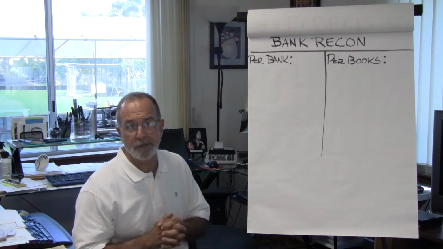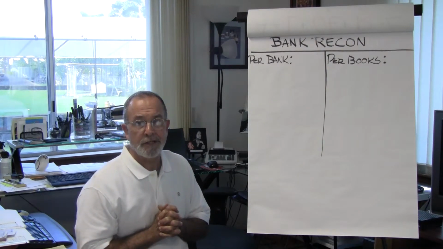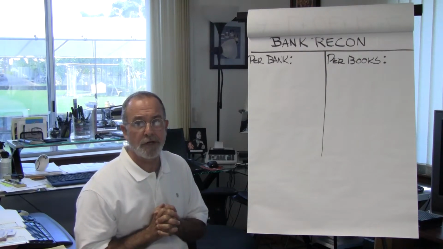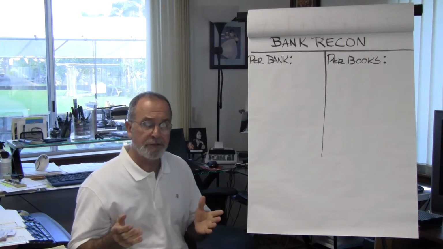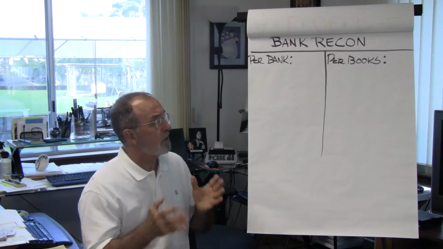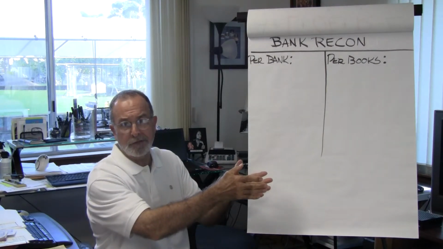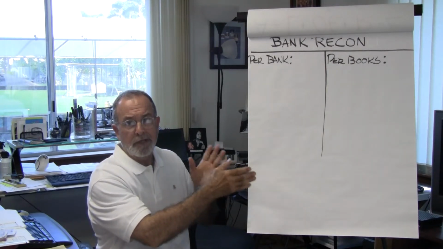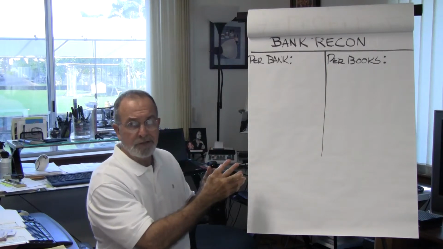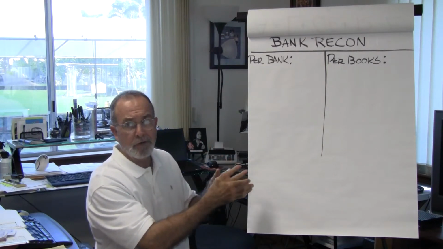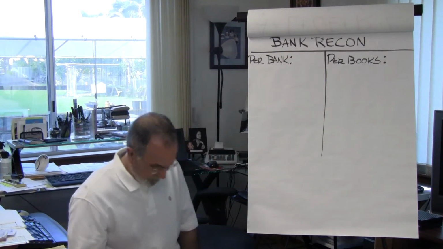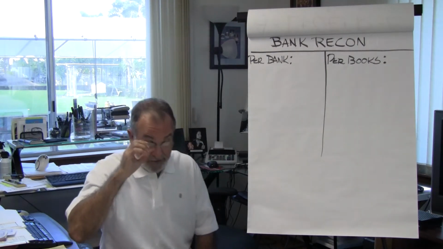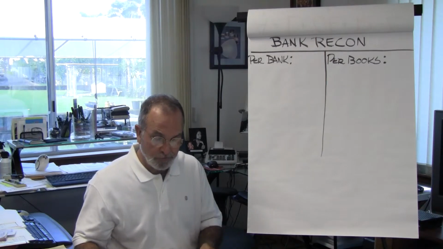So again, that would be another example of a transaction that would result in a difference between our cash records on our books and the bank's cash record of our account on their books.